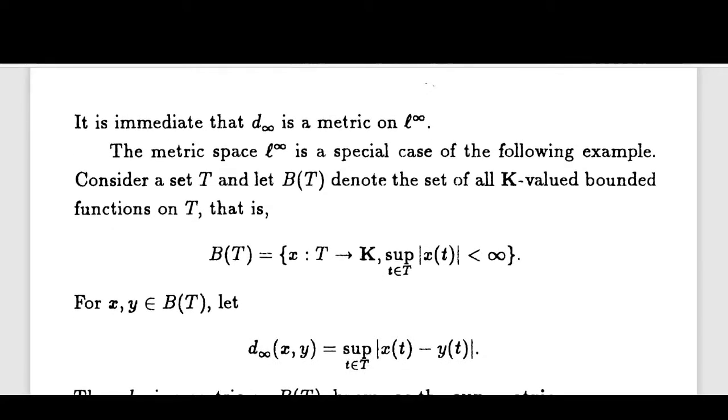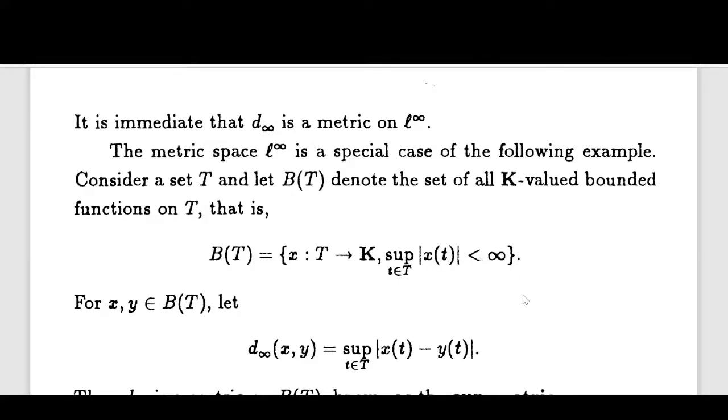Now our last example is B(T), which means the set of all K-valued bounded functions on T. Here the metric space l^∞ is a special case of this B(T). B(T) can be defined as the set of all functions x from T to K such that the supremum over t belonging to T of |x(t)| is finite.